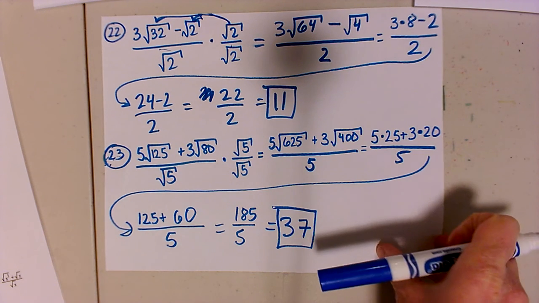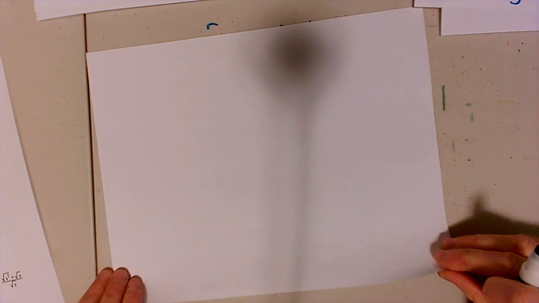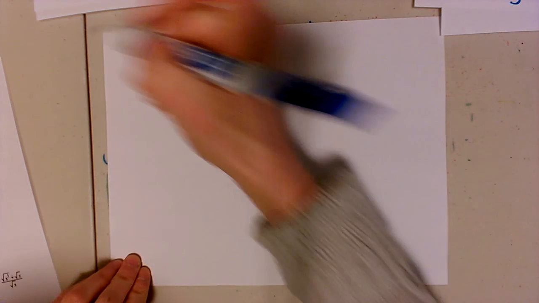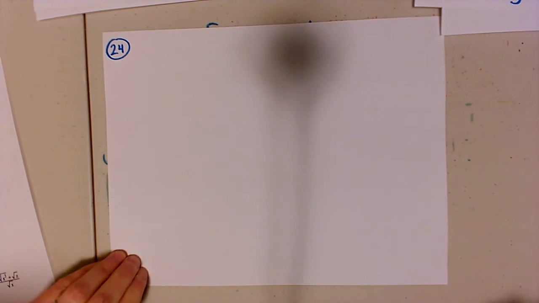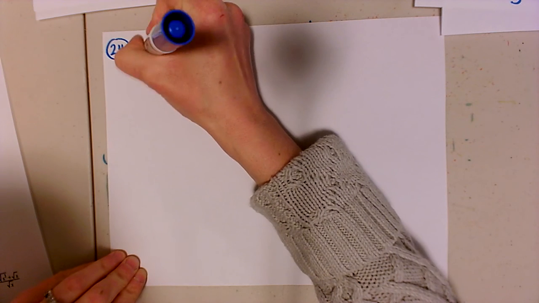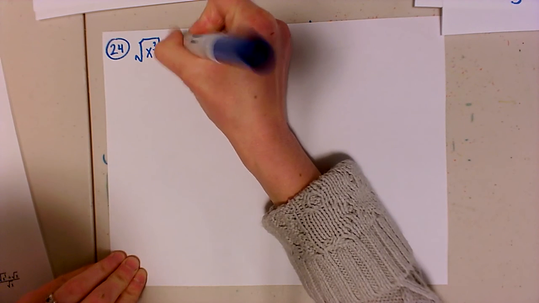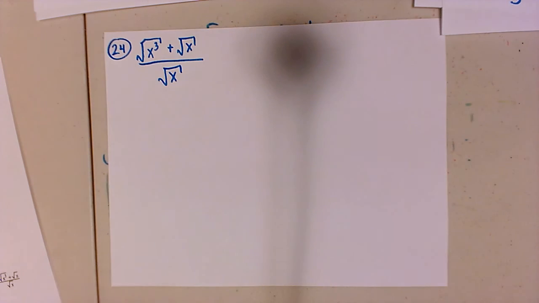Alright, so last problem, 24. So for number 24, we have the square root of x cubed plus root x, and this is all over root x.